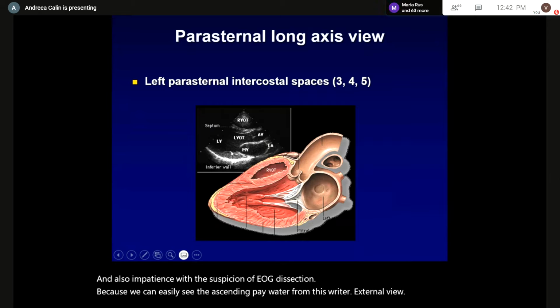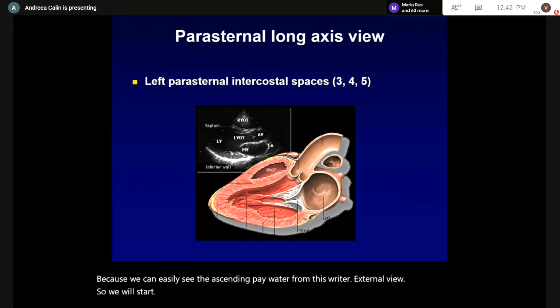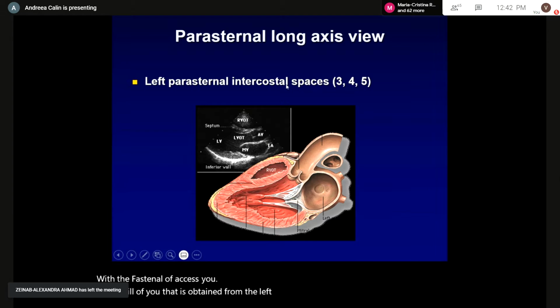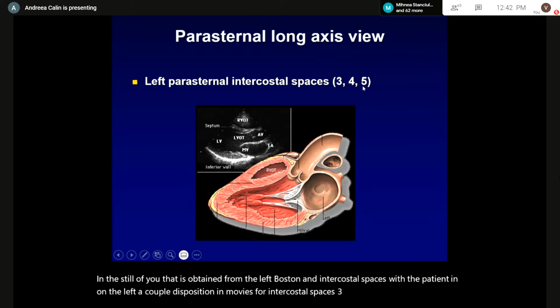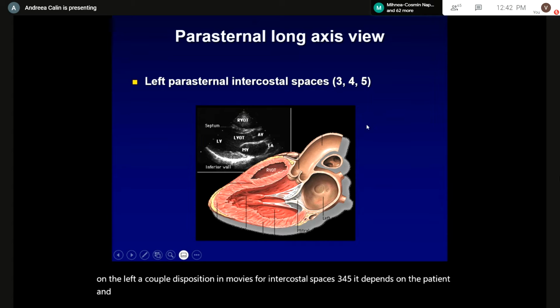So we will start with the parasternal long axis view. This view is obtained from the left parasternal intercostal spaces with the patient in the left decubitus position. In these intercostal spaces, 3, 4, 5, it depends on the patient and on his anatomical structure of the thorax.